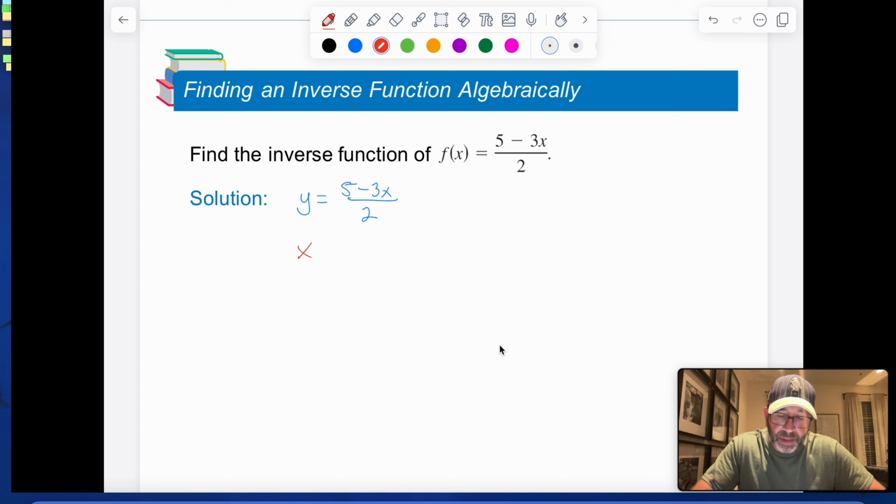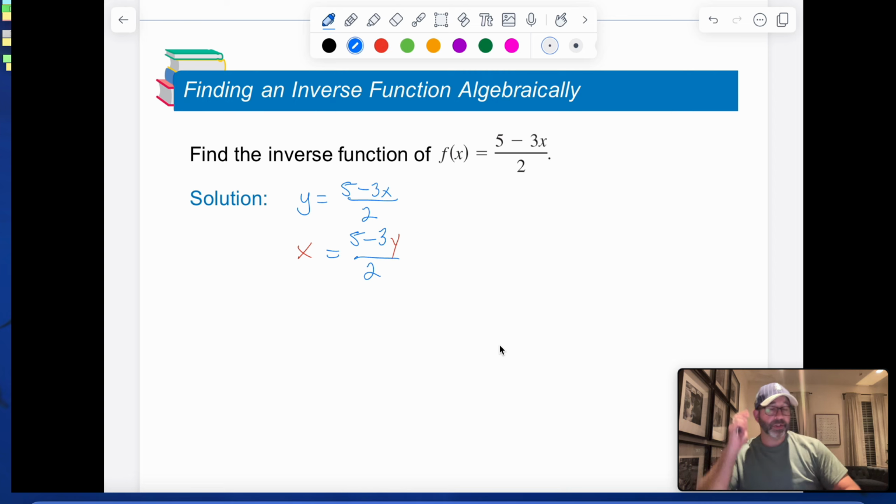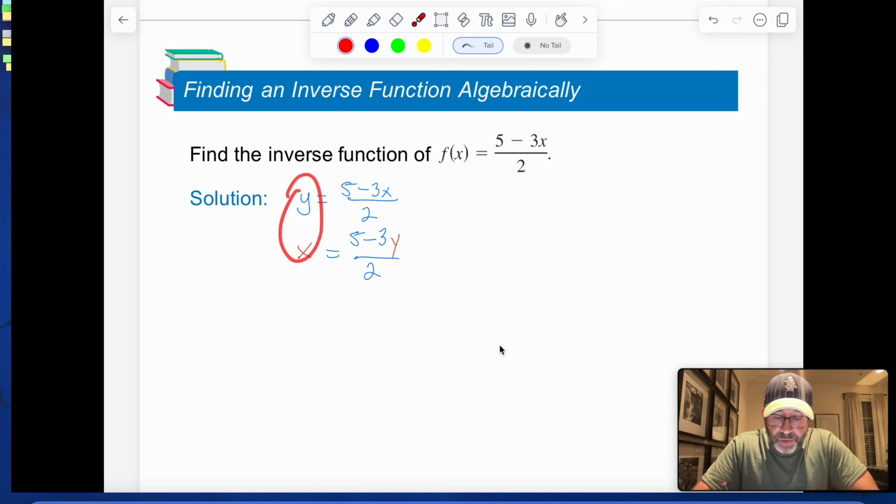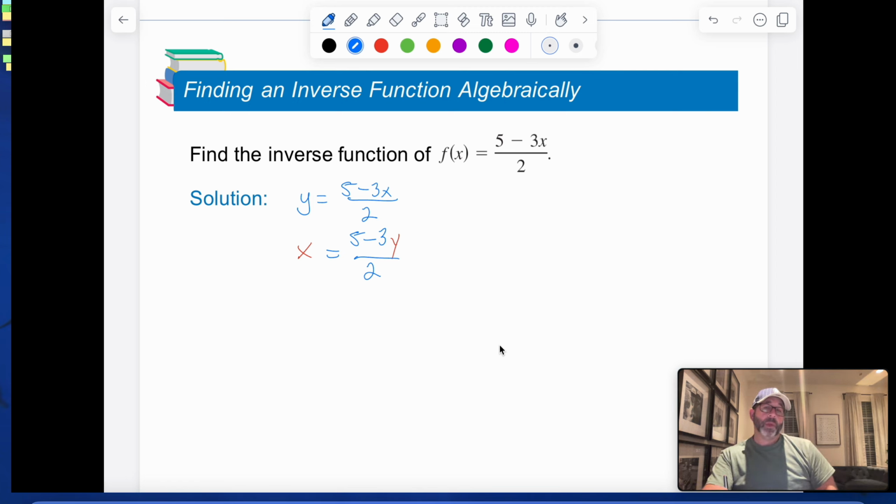We're going to have the x is now equal to (5 minus 3y), and that's going to be divided by 2. So you can see from the original problem to the new one, we took the x and the y and we switched their places. So in order to get the new equation, we're going to go ahead and graph this. I'm sorry, we're going to solve this, okay?